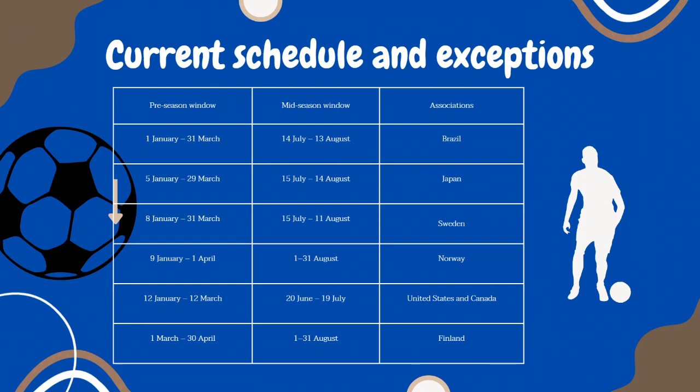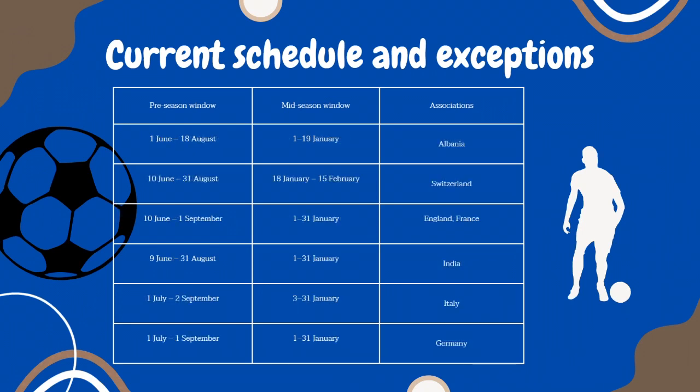And the United States and Canada start 12 January to 12 March, and the mid-season window is the 20 June to the 19 July. And Finland starts the 1st March to the 30 April, and the mid-season starts the 1st August to the 31st August.